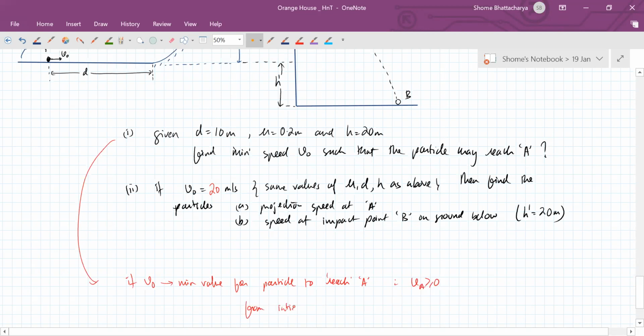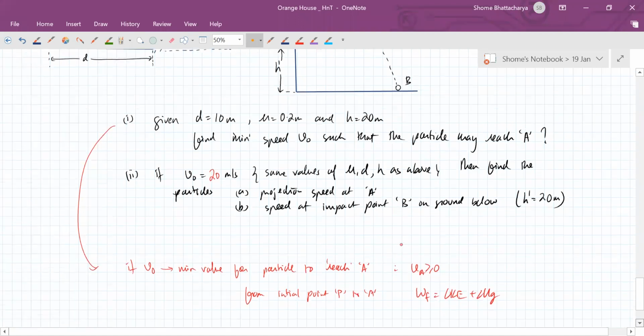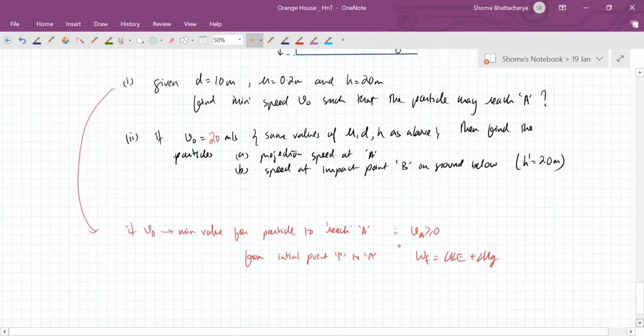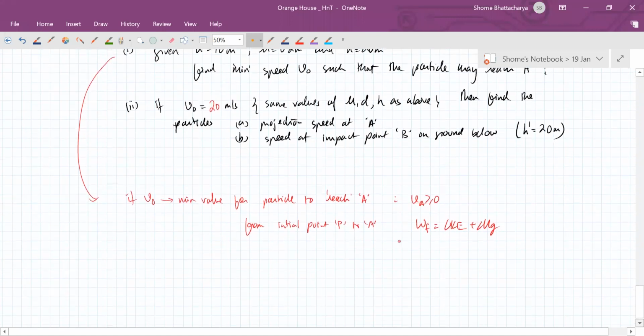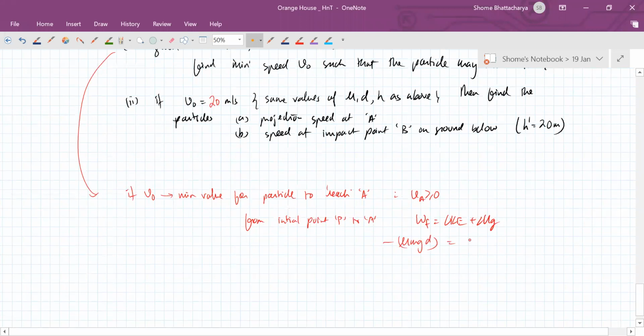So from the initial point to A, the work done by friction should be equal to change in kinetic energy plus change in gravitational potential energy. So minus mu mg d should be equal to half m vA square minus half m v naught square plus mgh.